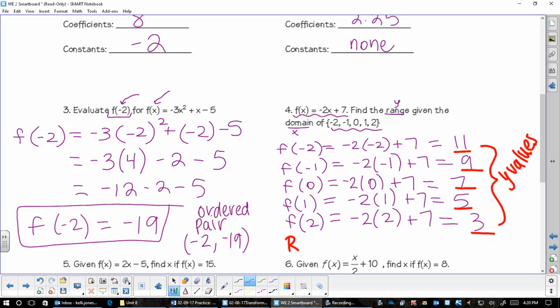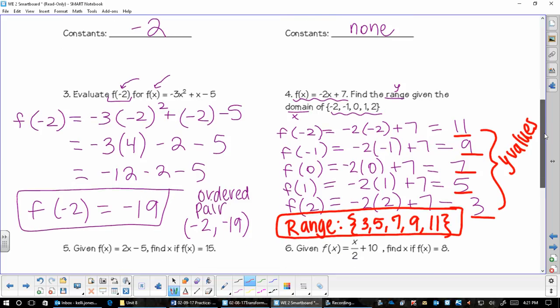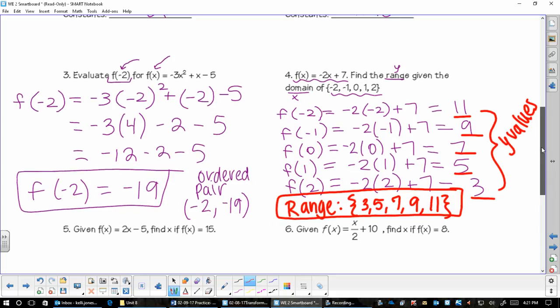So my range then, remember we've always said to write your numbers in order from least to greatest. So I'm going to start here at the bottom: 3, 5, 7, 9, and 11. And there's your range. Okay, so domain is x, range is y.